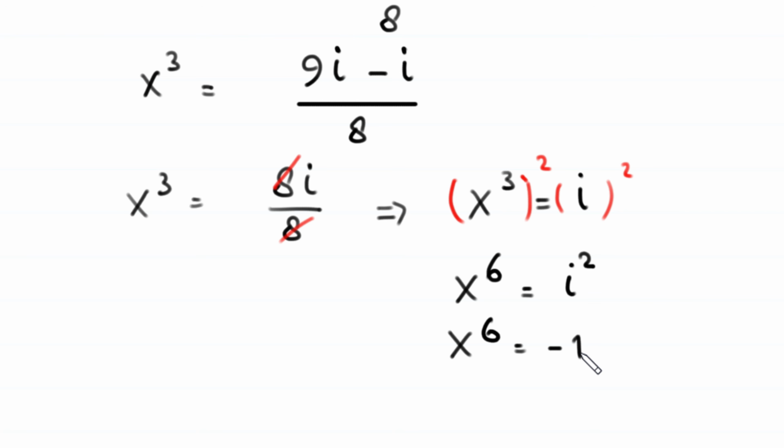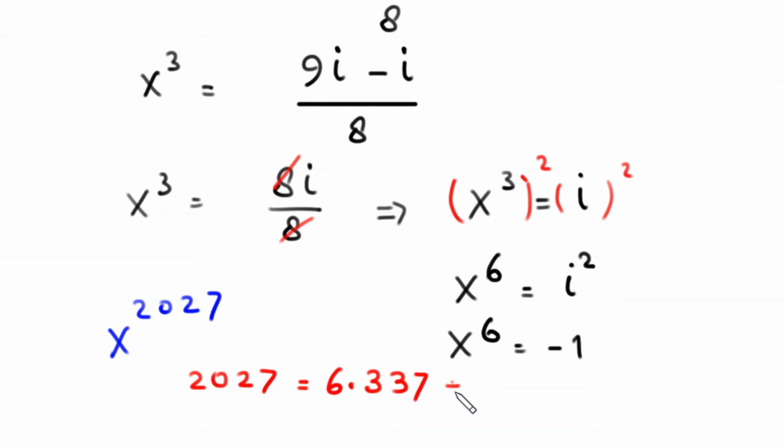And we have to calculate the value of x to the power 2027. Since 2027 is equal to 6 times 337 plus 5, we can rewrite this x to the power 2027 as x to the power 6 times 337 times x to the power 5.